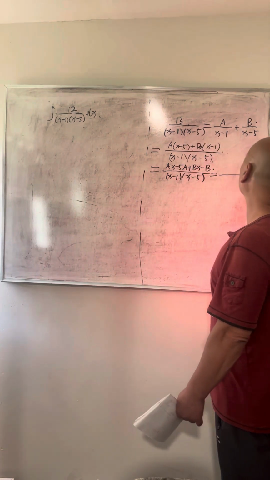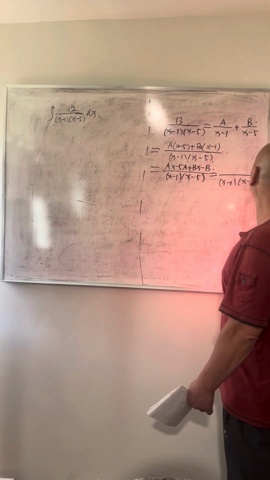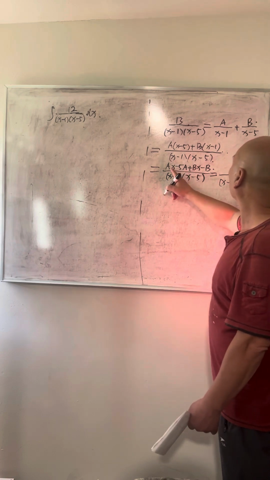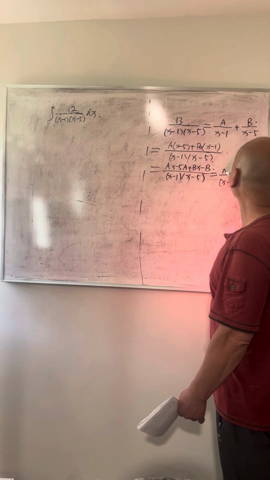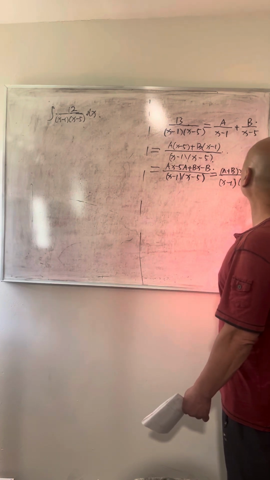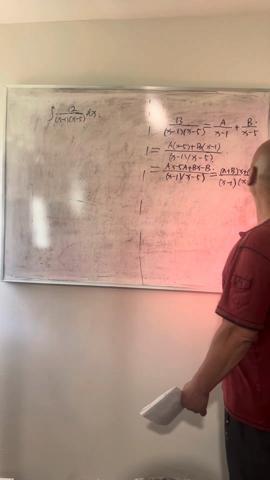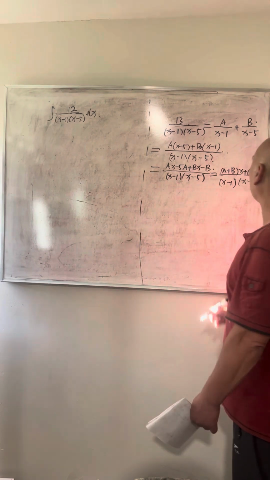Here, copy the denominator. X, that means (a plus b) x plus negative 5a minus b, right?